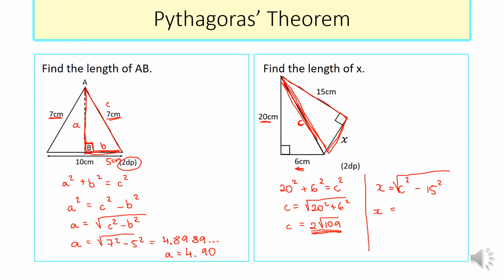Once you've done that, you'll get 14.5258 and so on. Again, I want my answer to 2 decimal places, so the value of x is 14.53 centimeters.